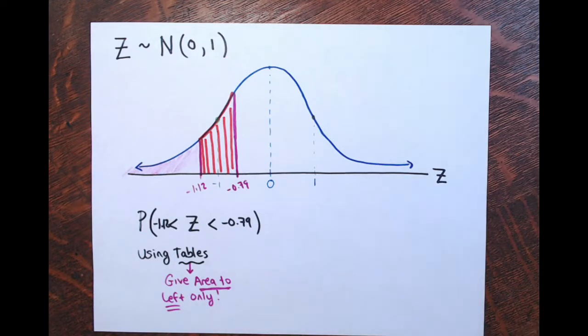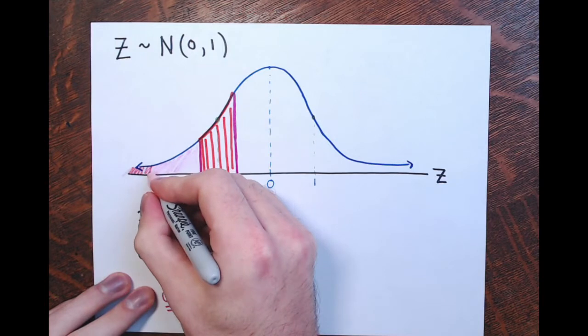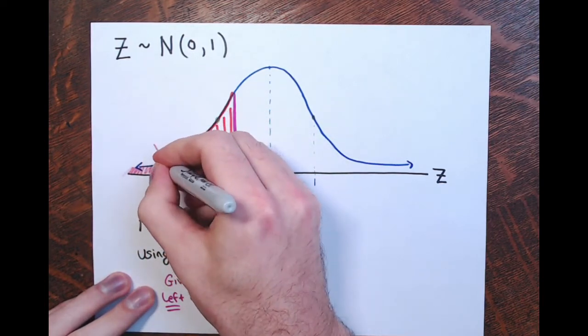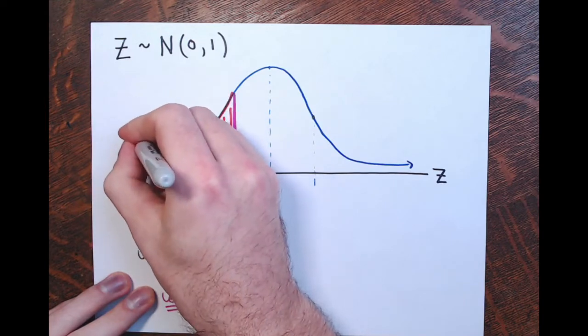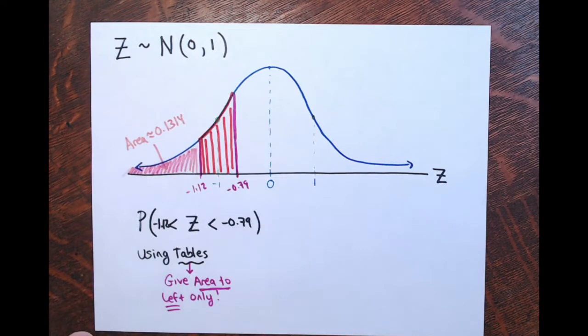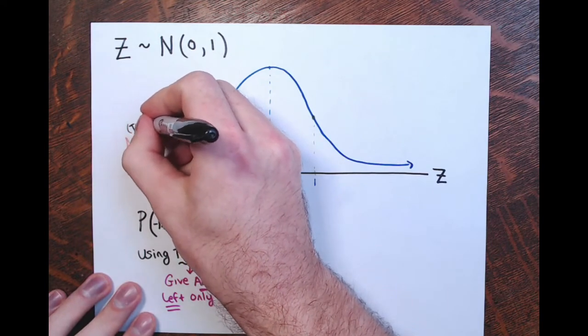Let me grab a different marker. So this area to the left of -1.12 is approximately 0.1314, and this was from the table, right? This was given to me from that table.